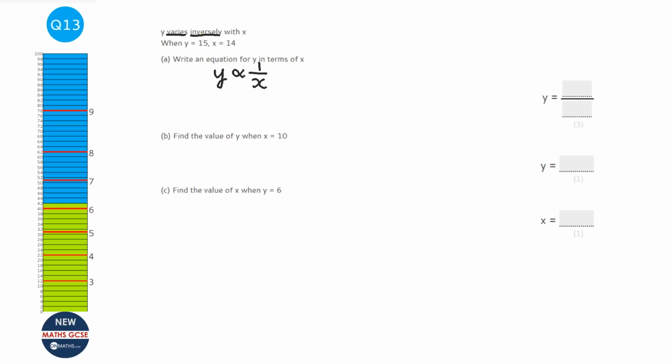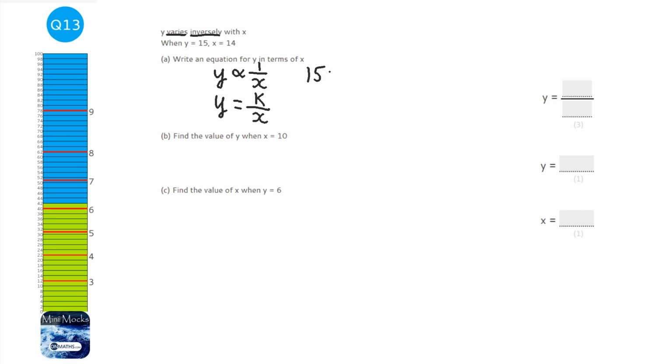The next thing to do is get rid of that fish sign and replace it with an equals, and the way of doing that is just times the right hand side by k, which is a constant, so it's k over x. Now it says when y is 15, x is 14, so we can put those values in to find out what k is.